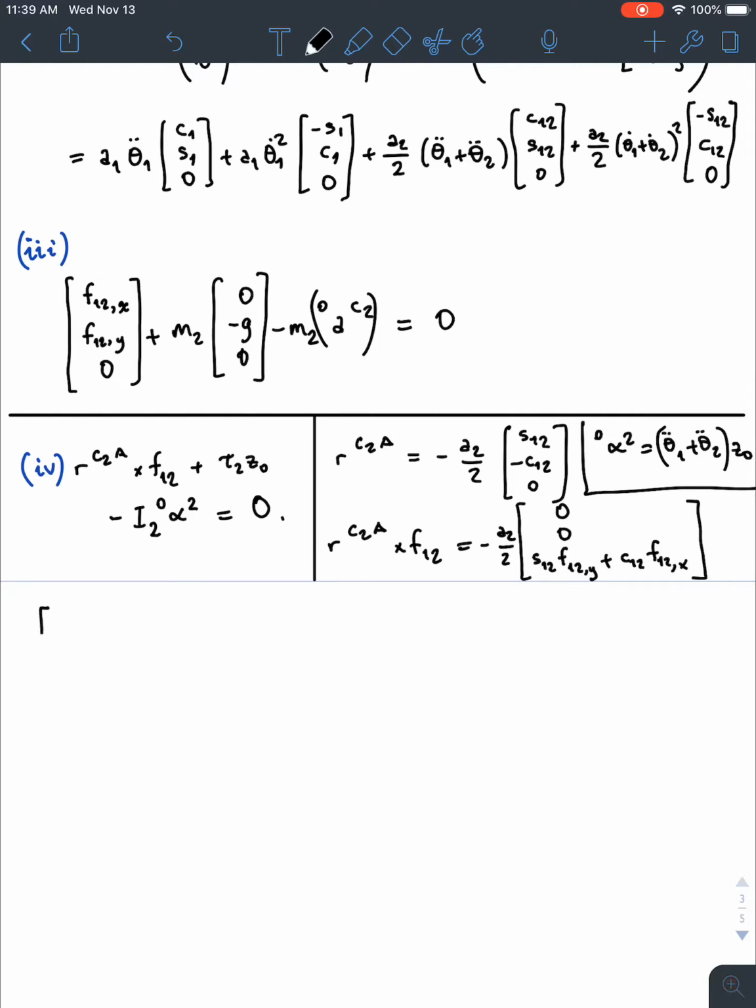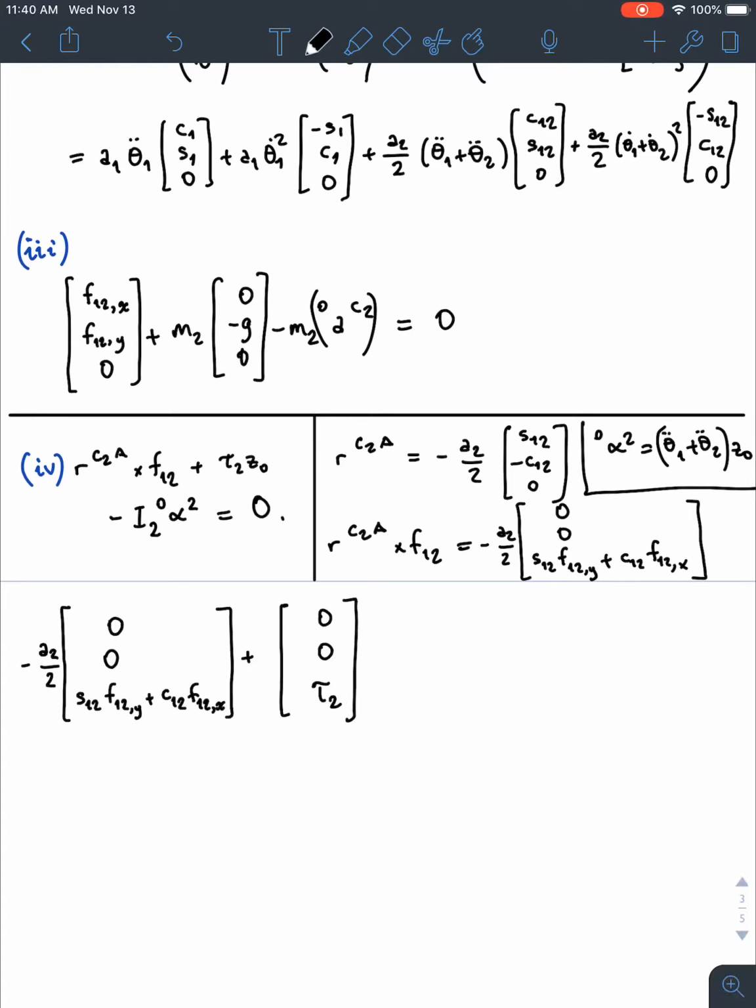It looks like the first term, the cross product term, looks like minus a2 over 2 times 0, 0, sine theta 12 f12y plus cosine theta 12 f12x, plus 0, 0, tau 2, minus the moment of inertia of the second rigid body times 0, 0, theta 1 double dot plus theta 2 double dot, equals 0.